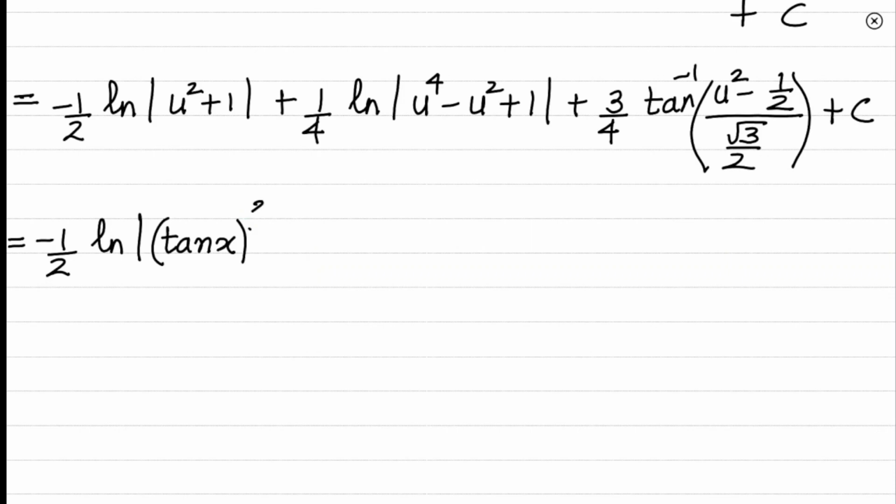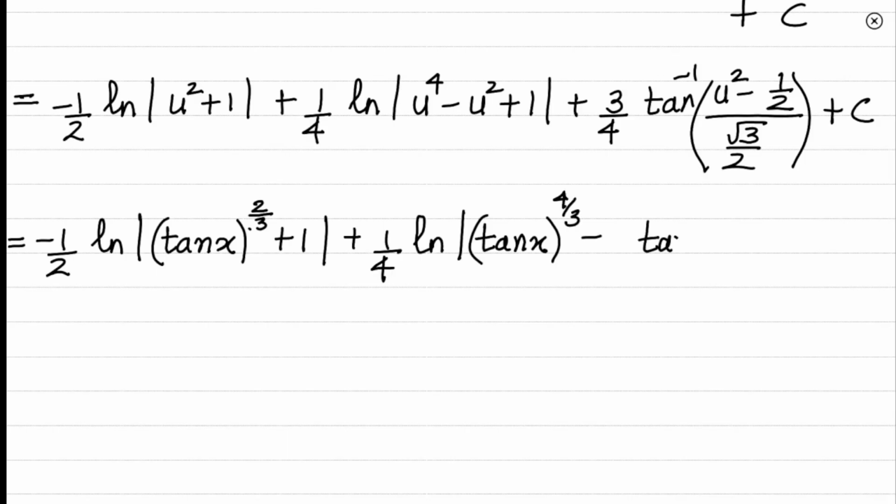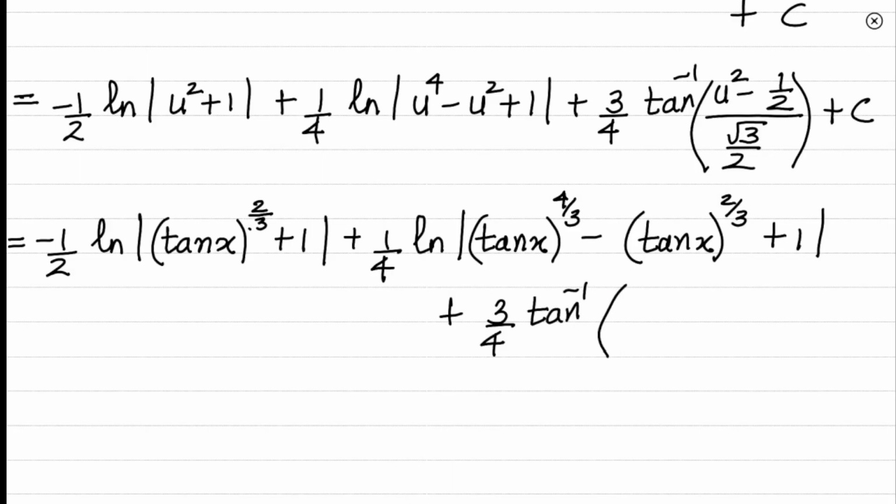So tan x to the power 2 by 3 plus 1, plus 1 by 4 ln mod, remember tan x to the power 1 by 3, so this will become tan x to the power 4 by 3 minus tan x to the power 2 by 3 plus 1, and this last term will become 3 by 4 tan inverse of u square.